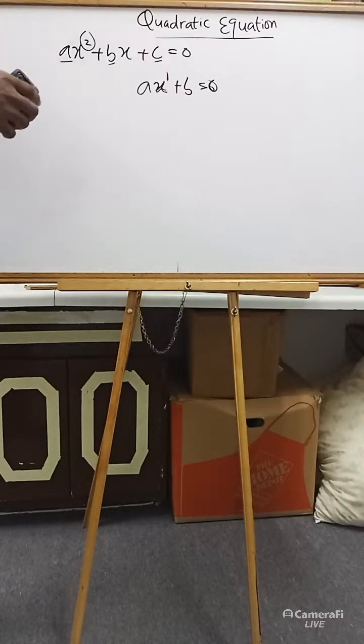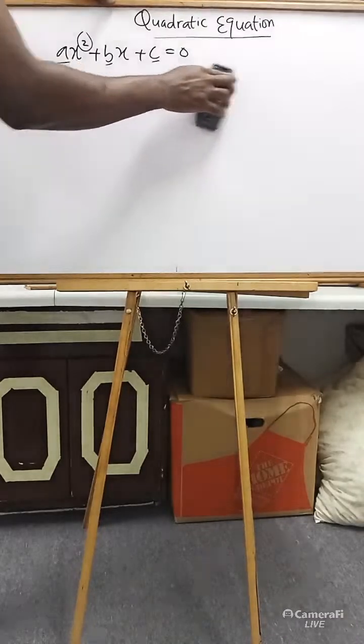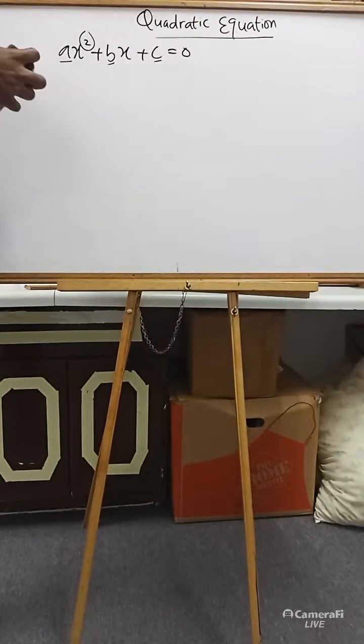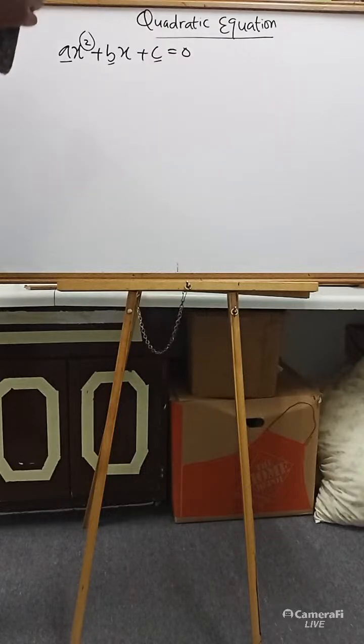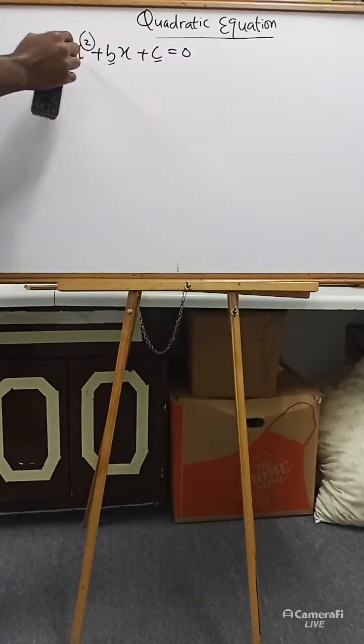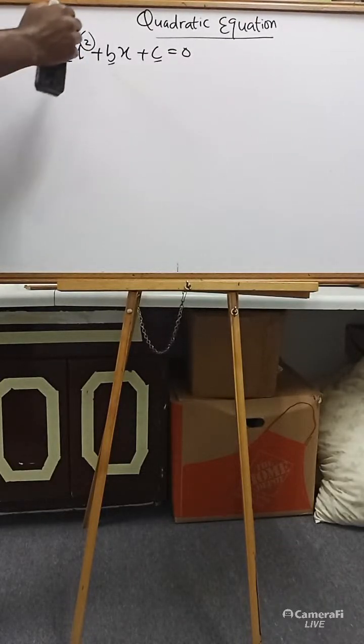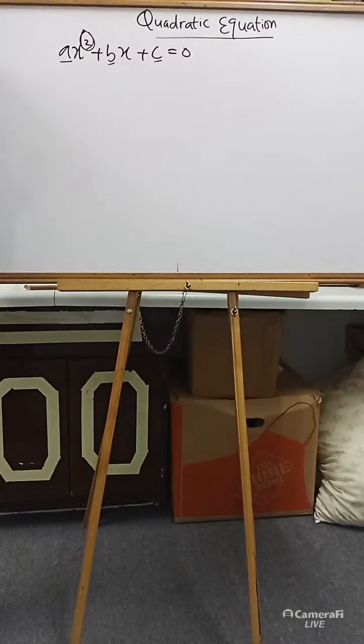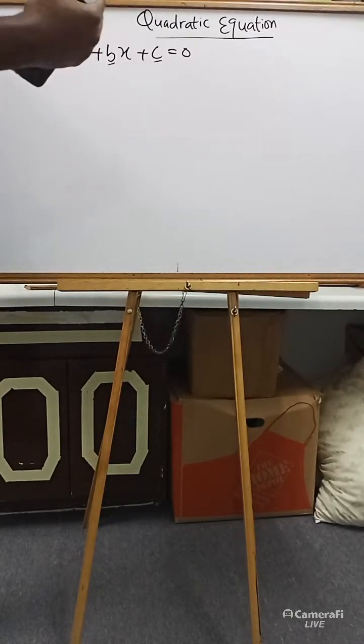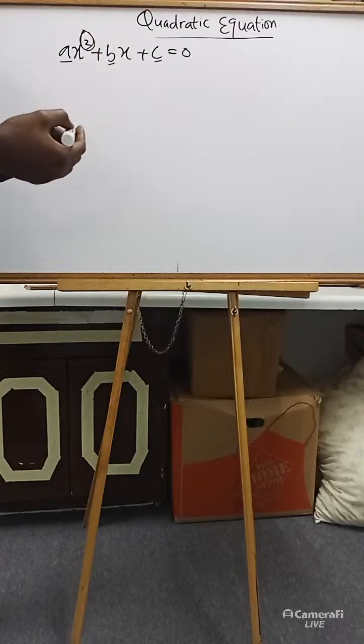When you are given a problem on a quadratic equation and you want to find the zeros of your equation, it means you want to get the two values for your x, because the order shows the number of zeros of the equation you need to get.